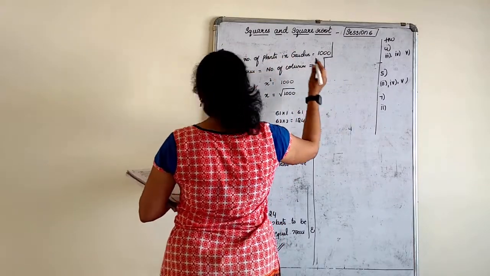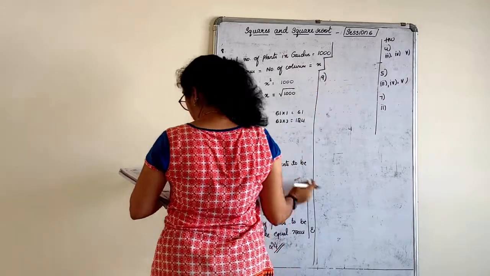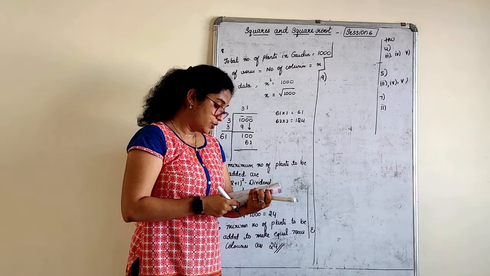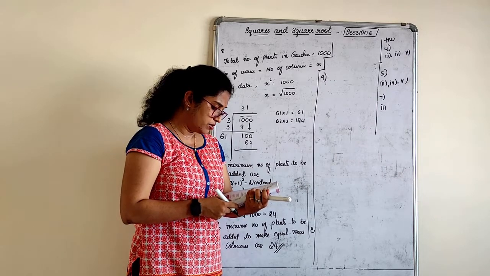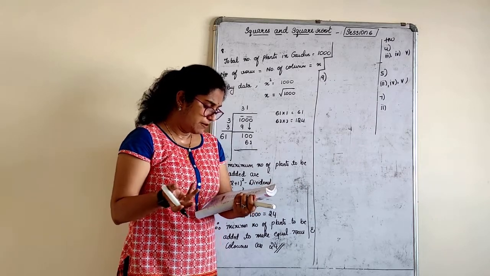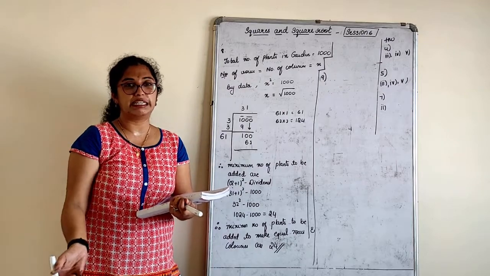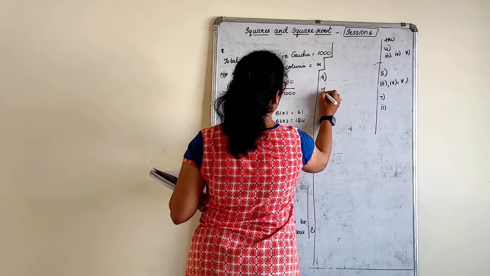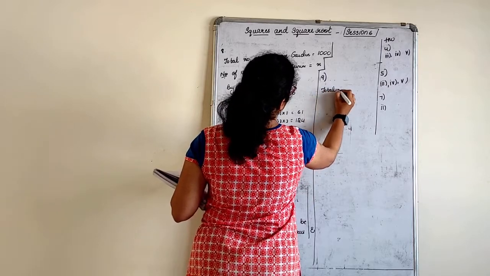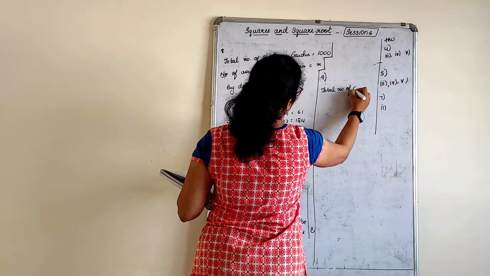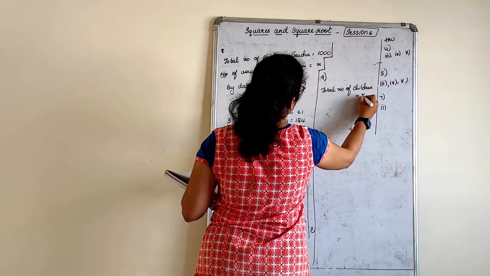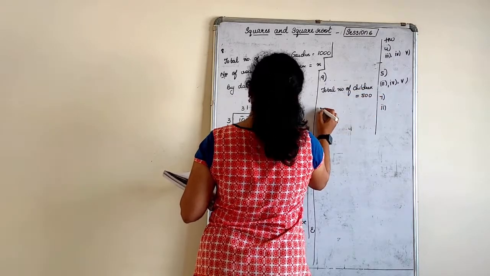Okay. Now this is 9th one. There are 500 children in a school for a PT drill. They have to stand in such a manner that number of rows is equal to number of columns. How many children would be left out in the arrangement? Least number to be subtracted. Again, total number of children is equal to 500.